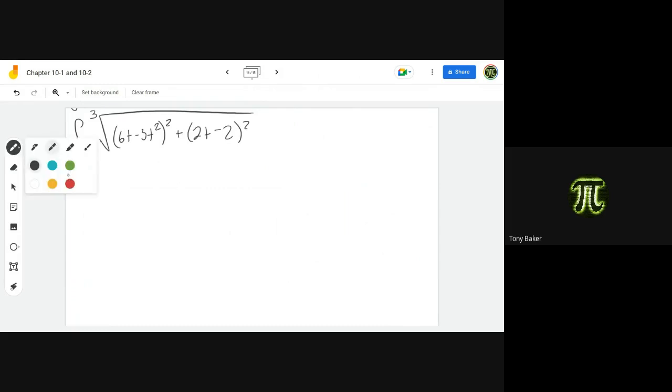So we've got 36t squared minus 36t to the third plus 9t to the fourth.